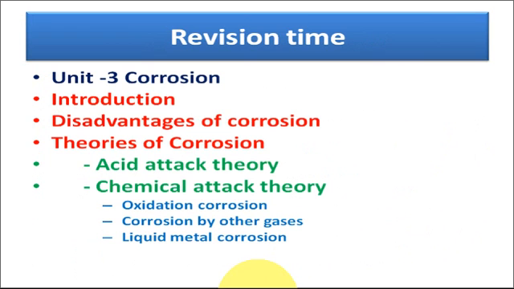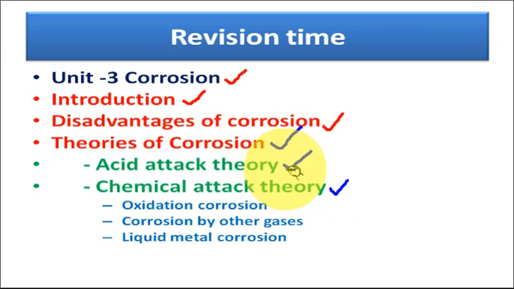So let us revise what we have learned today. Today we have started with unit 3, corrosion, in which we have learned the definition of corrosion, disadvantages of corrosion, then the important feature of this unit, theories of corrosion. We have started with two theories of corrosion, acid attack theory and the chemical attack theory.